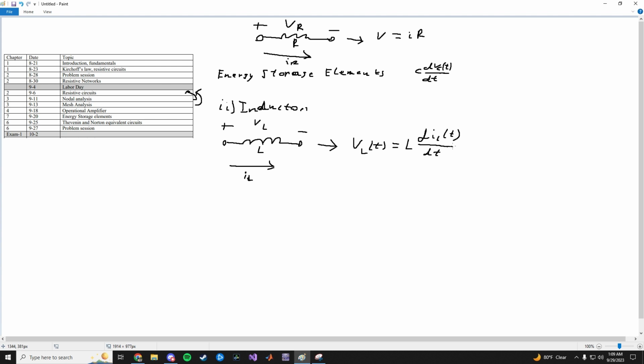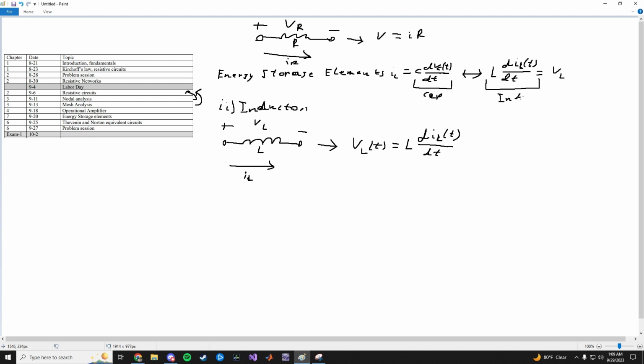So notice there's a dual concept. The C dV over dt for the capacitor, and then it's L dIL over dt for an inductor. So they're dual concepts. This equals IC, but this equals V, and this is for an inductor.